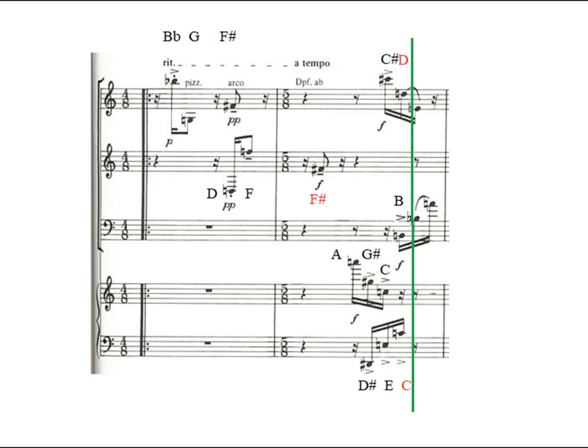So in essence, what Schoenberg and his pupils are trying to do is find a new harmonic system, a new harmonic tonal system, a new language within which to write music that replaces the tonal system.